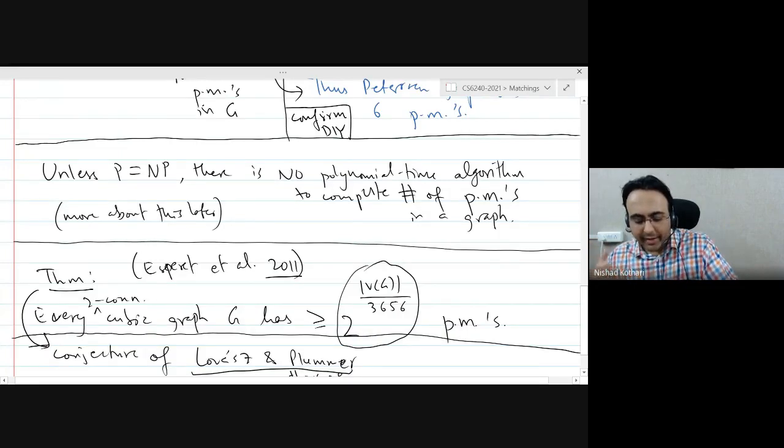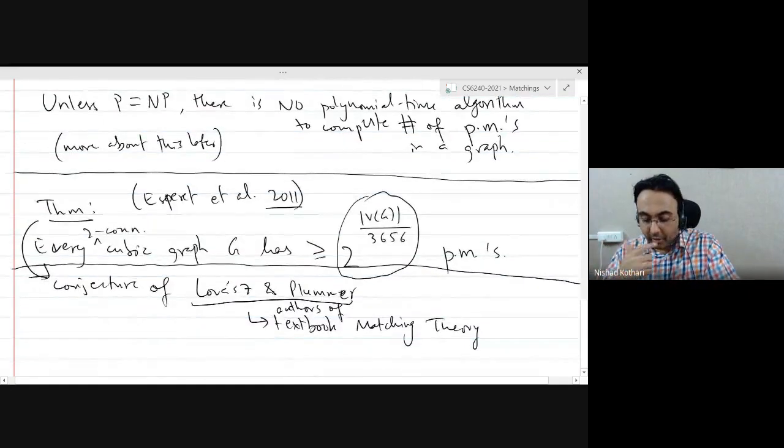Any algorithm which is going to list down all the perfect matchings is already ruled out, because that cannot work in polynomial time. So any such algorithm, if it exists, has to avoid listing down all the perfect matchings. It has to find some cleverer way to count the number of perfect matchings in the graph.